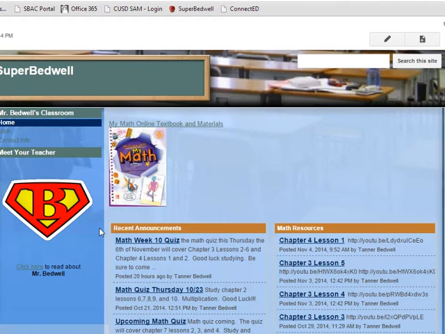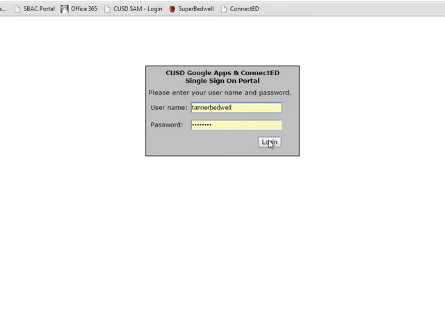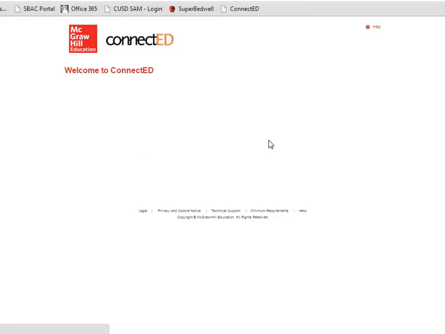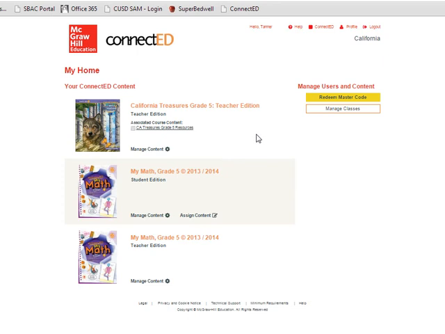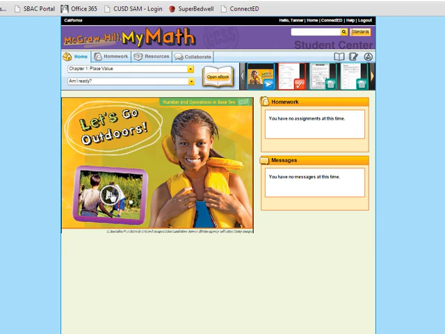If you click on your online textbook and log in, the student edition, which you have access to from home, using your first name, last name, 001 or 002, and then capital first initial, lowercase last initial, and then your student ID number, you can log into this at home.